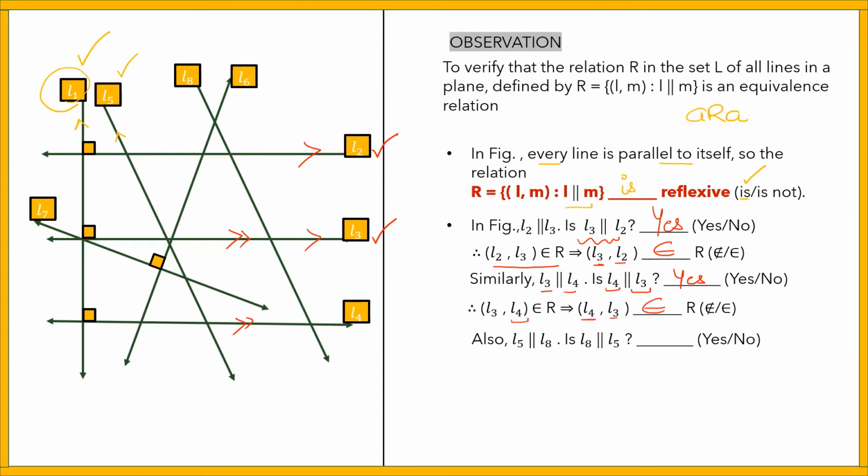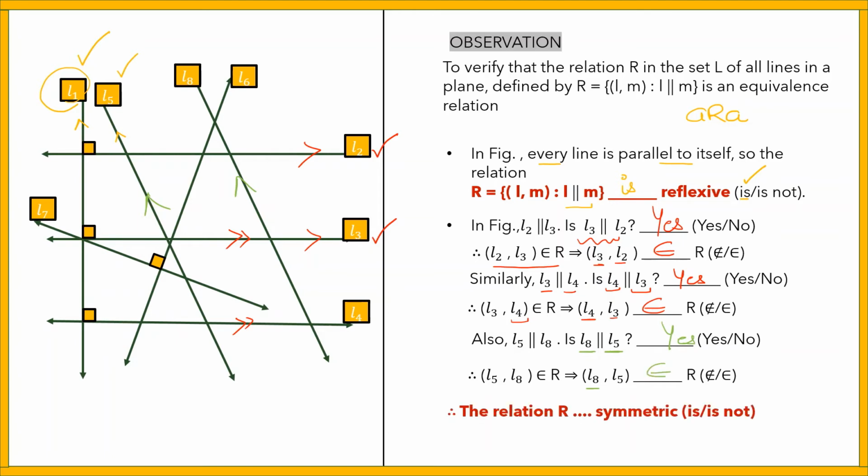Take one more example. If L5 and L8 are parallel, so L8 is also parallel to L5. Hence, we can say L5 is related to L8. Similarly, L8 is related to L5.